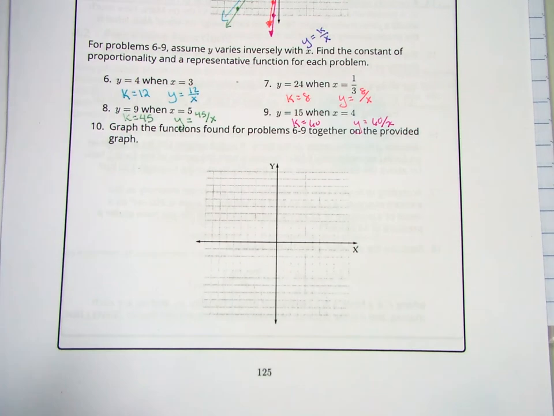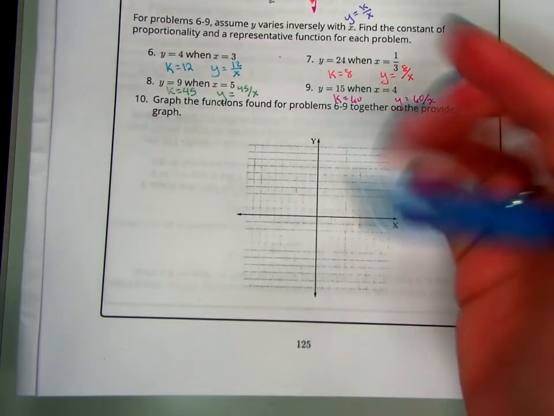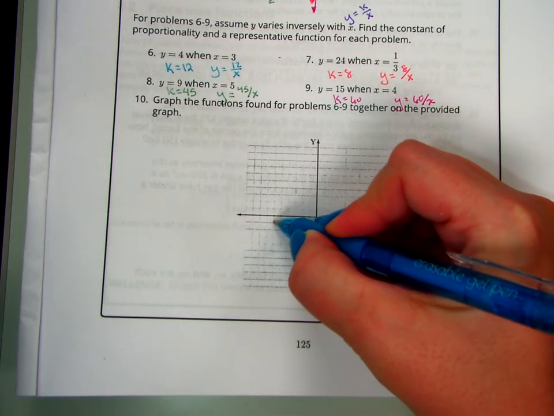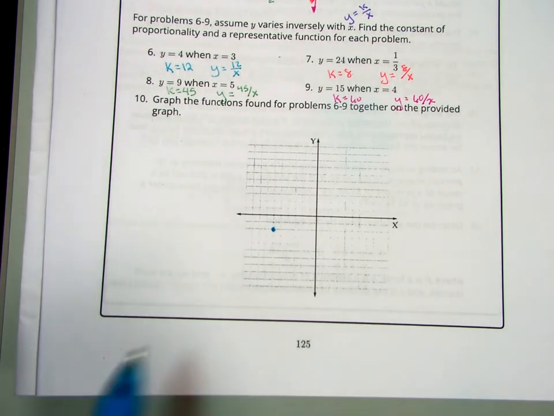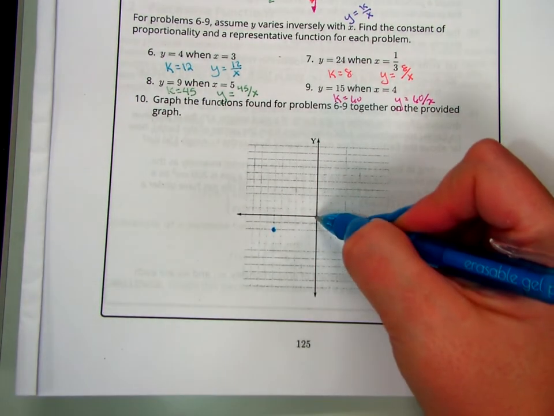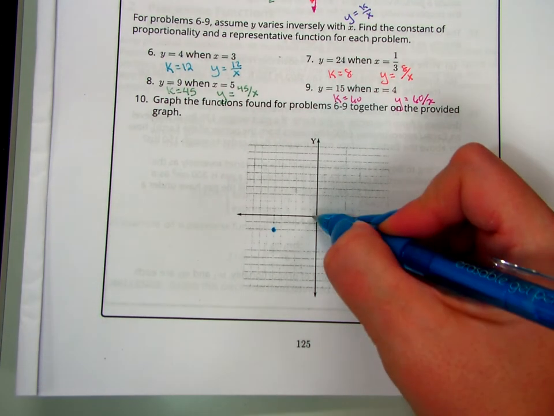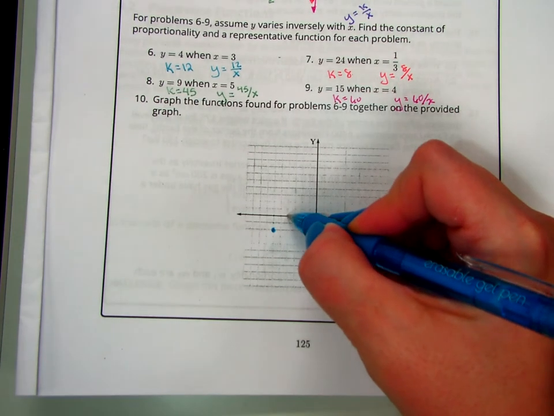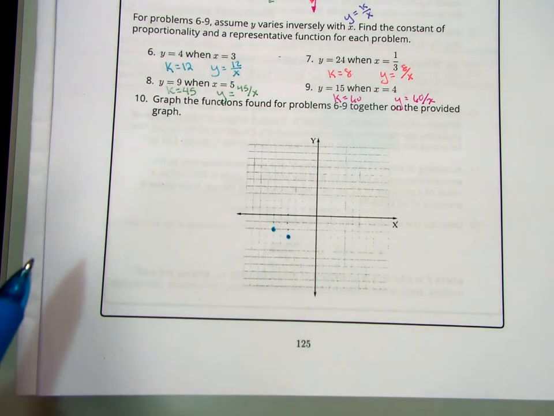I'm going to do it in blue so it matches the colors. All right, so -6, -2. -6, 1, 2, 3, 4, 5, 6, -2. -4, -3, because right, we're dividing into 12. So -4, and then when you divide 12 by -4, you get -3.